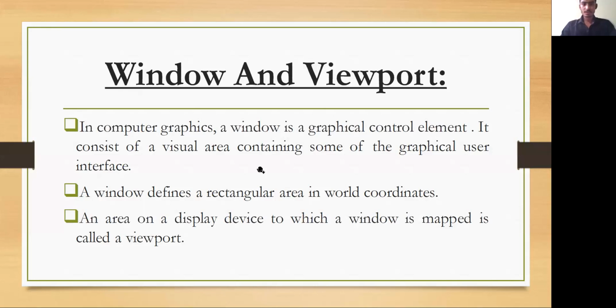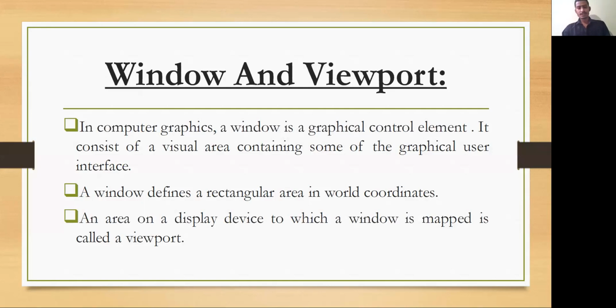The window helps us decide which points should lie inside and which should not. After that we have the viewport. A viewport is also a rectangular area, which is used to show only a particular portion which lies inside the window and eliminate what is not inside the window.